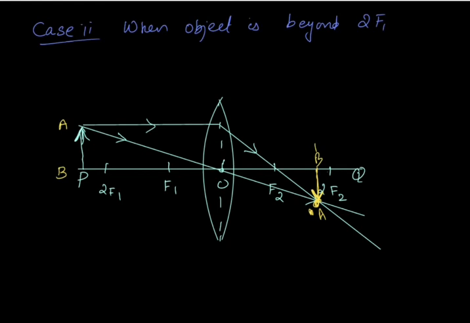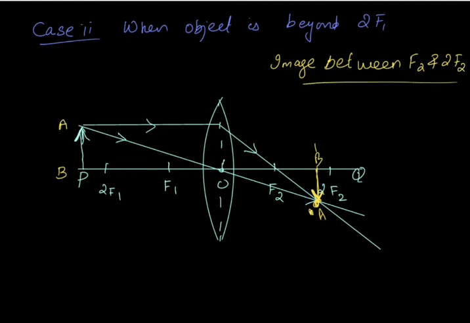That is, the image is between the second focal point and double the second focal point. So you can write the position of the image here as between f2 and 2f2. That is the position of the image, and it is on the opposite side of the lens.